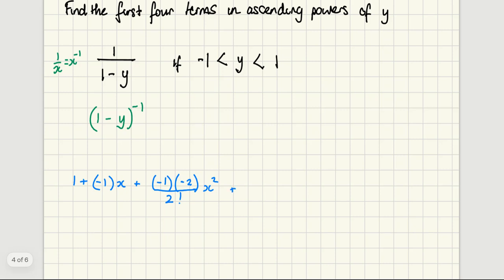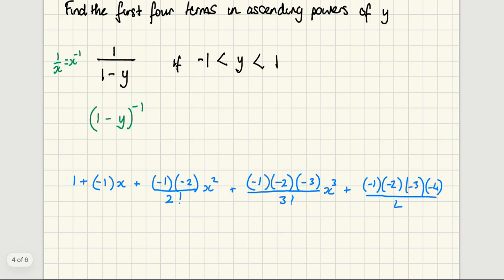The next term is going to be minus 1 times minus 2 times minus 3 over 3 factorial x cubed, and we just want one more: minus 1, minus 2, minus 3, minus 4 over 4 factorial x to the power of 4. Why would this one carry on forever?